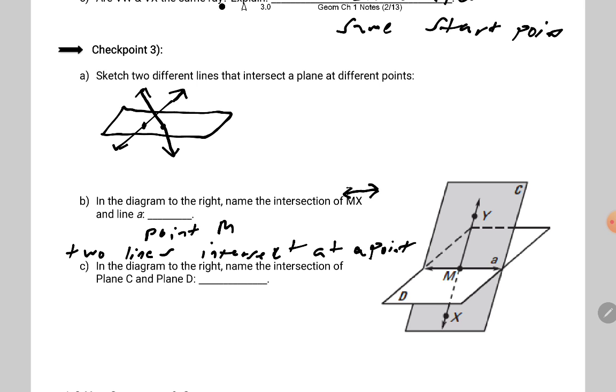So in the diagram, name the intersection of plane C and plane D. So you put those two papers, so the gray where it overlaps with the white, plane C and plane D, it intersects at line A. So two planes intersect at a line.